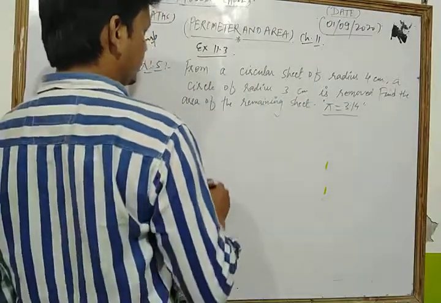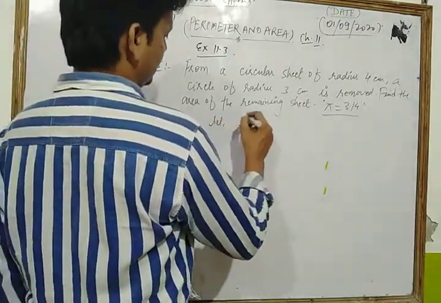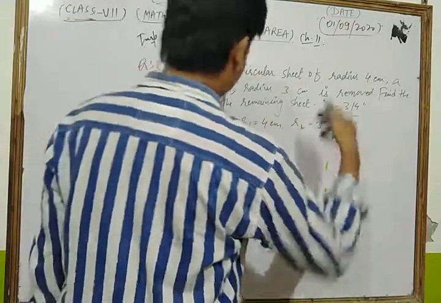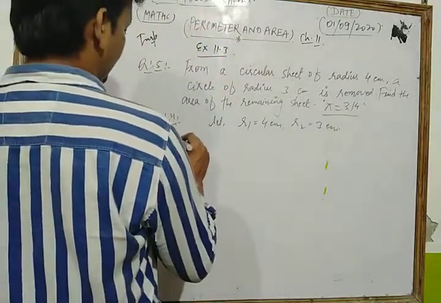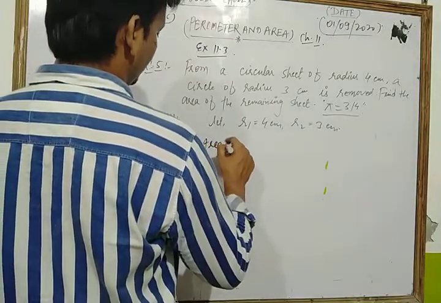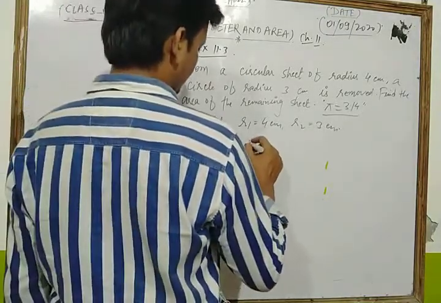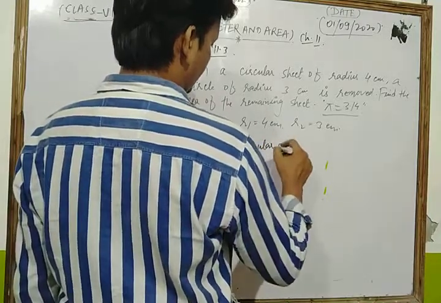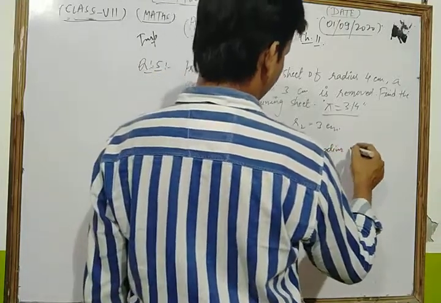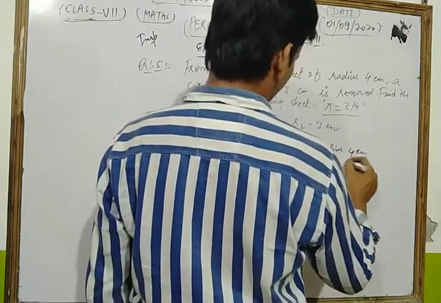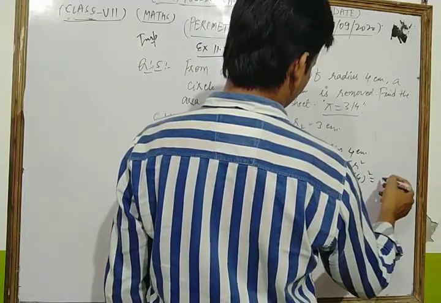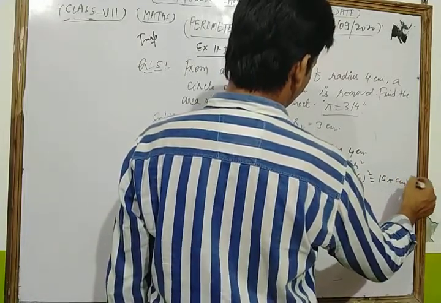Now let's see. First let R1 be 4 centimeter and the radius of the other sheet R2 be 3 centimeter. Now first we find the area of the circular sheet. The area of the circular sheet of radius 4 centimeter is pi r square, that is pi into 4 square, 4 fours are 16 pi centimeter square.